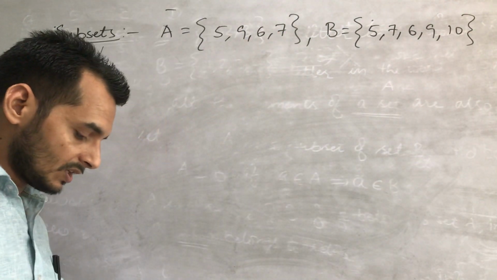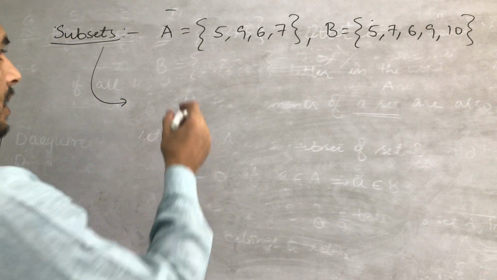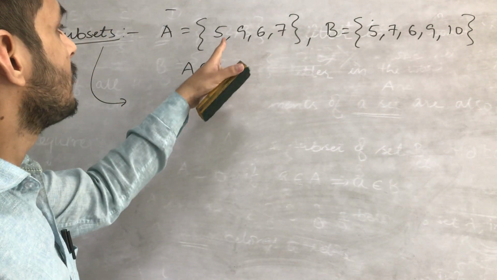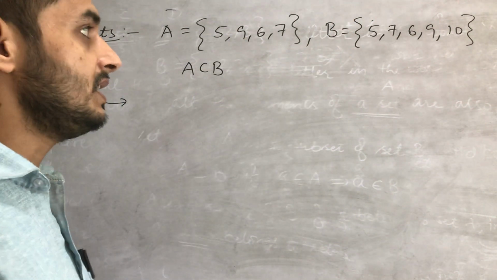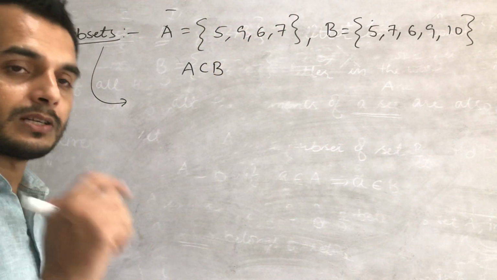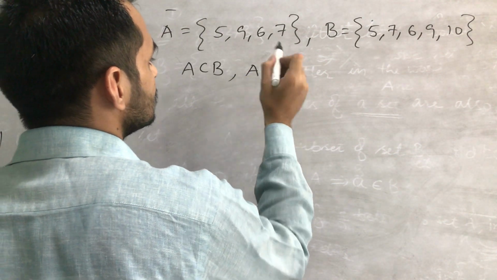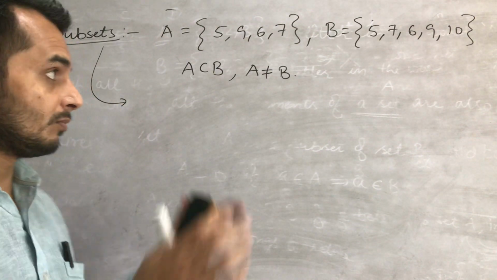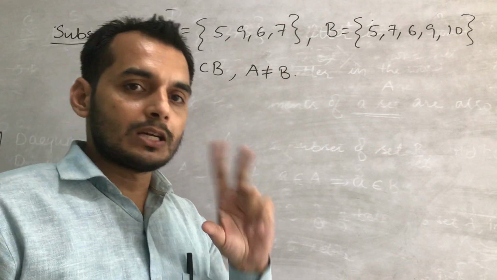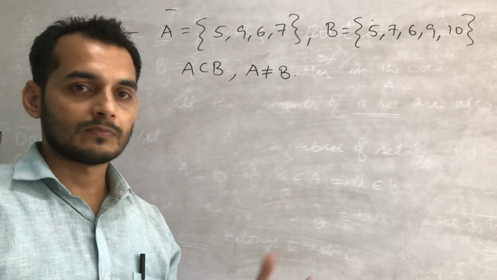Now we see that A is a subset of B, because every element of set A is in set B. But A is not equal to B, because for two sets to be equal, all elements of A and B should be the same.